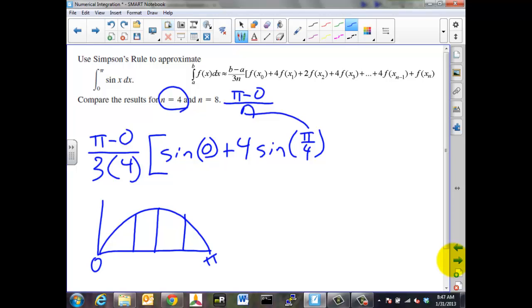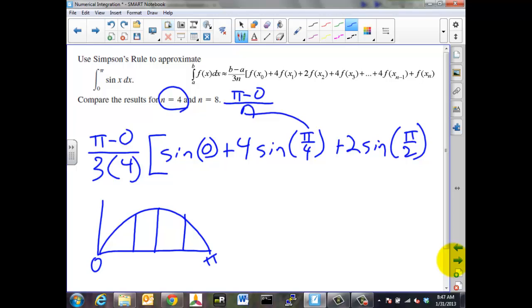So it's going to be pi over 4 there, plus 2 sine. What's going to be the next one after pi over 4? Pi over 2. How did you get that? Pi over 4 plus pi over 4.